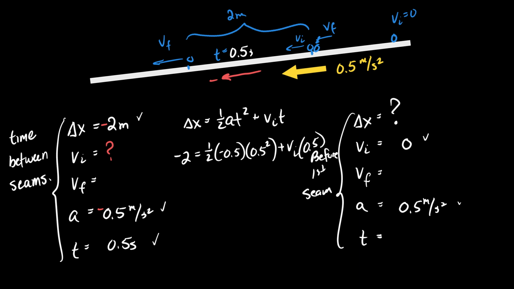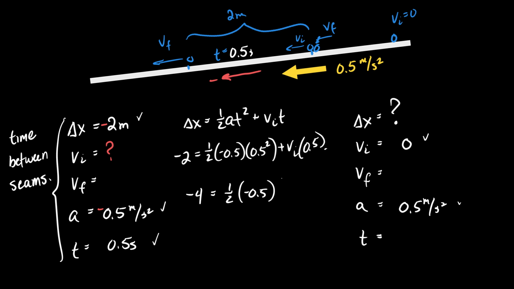Now I'm going to have to erase all this because it's kind of in the way. Am I good to keep going? Is that all right? I'm going to factor out a 0.5 and divide on both sides. That'll make that -4 equals 1/2 times -0.5 times 0.5 plus vi.